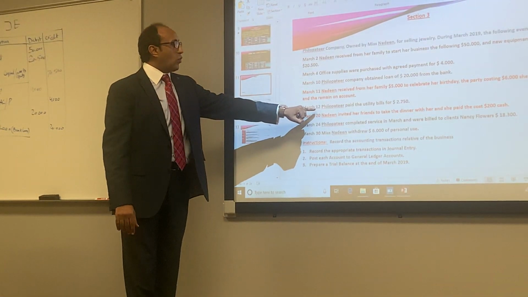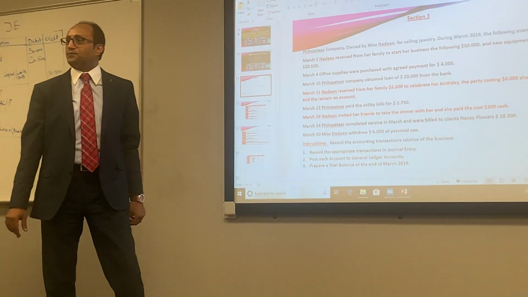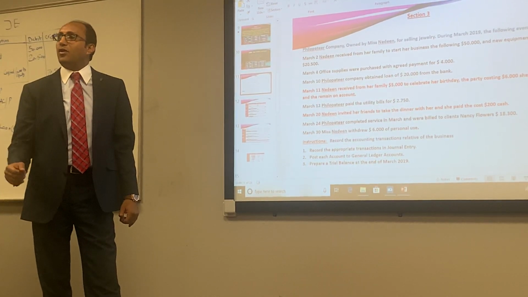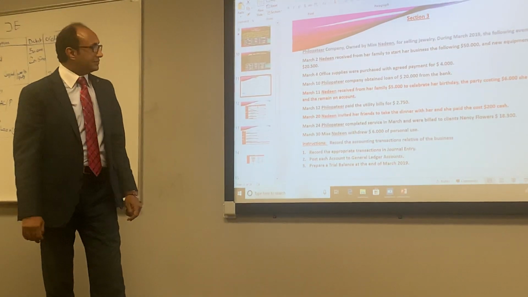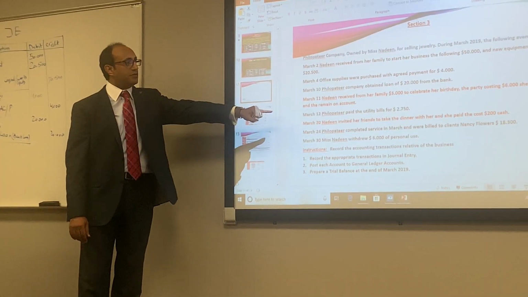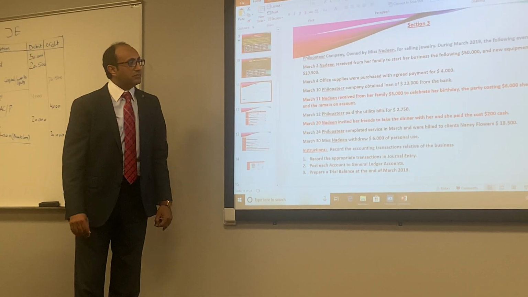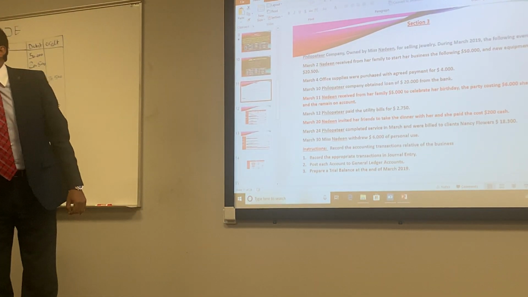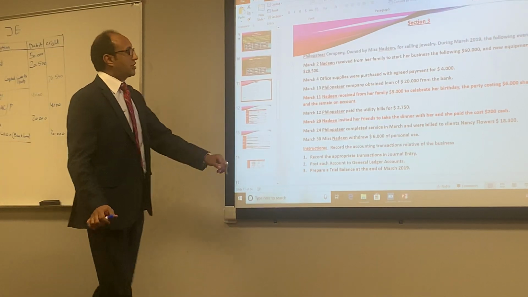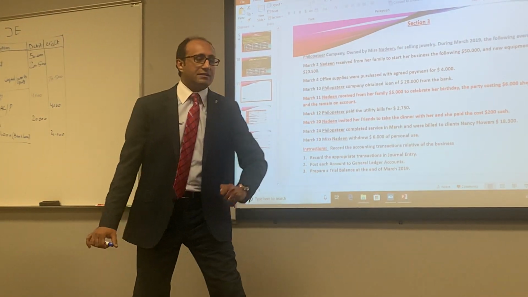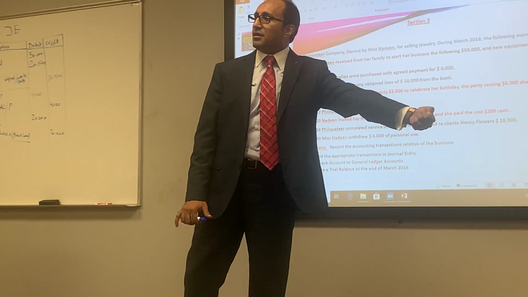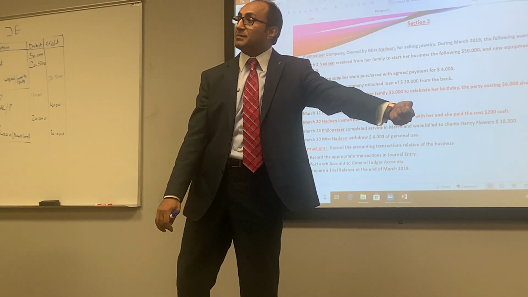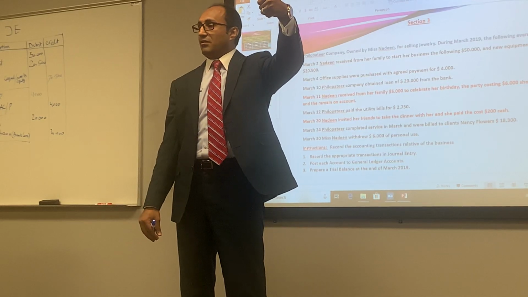March 12. Who can read? Michael, okay. Philip Batir paid the utility bills for $2,750. So in this transaction, Batir paid, which means cash going down and utilities as expenses going up.